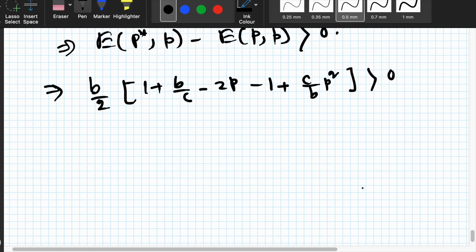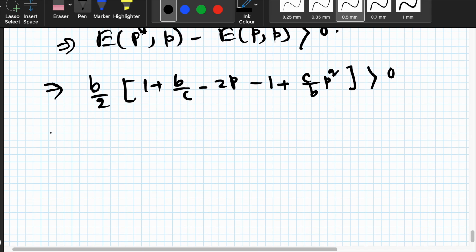Greater than 0. So b by 2 is a positive number, so we have to check whether this number is a positive number or not.